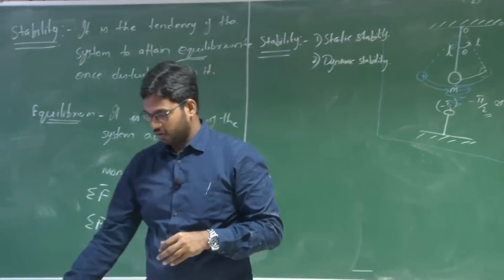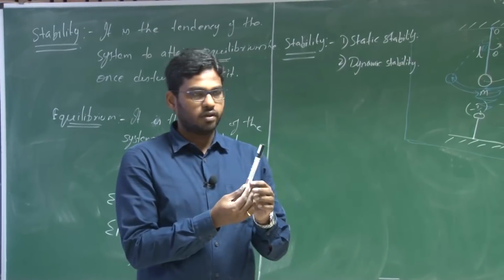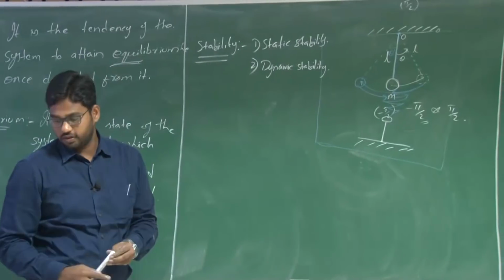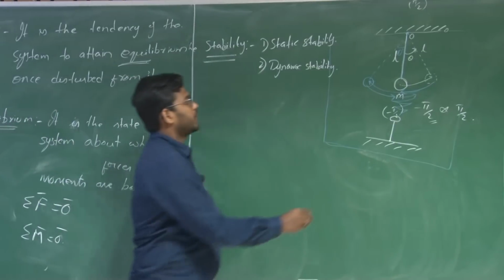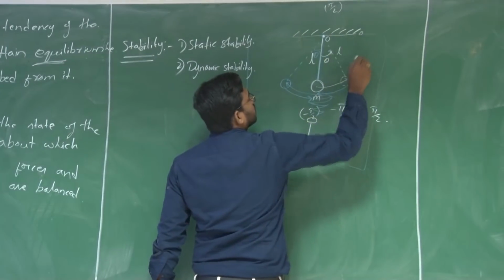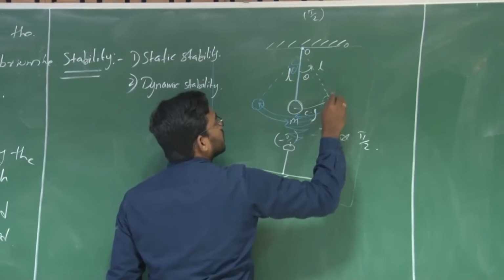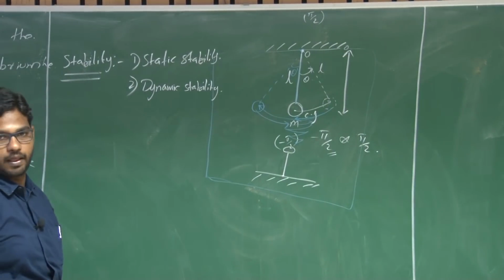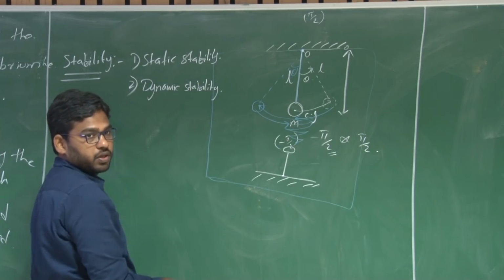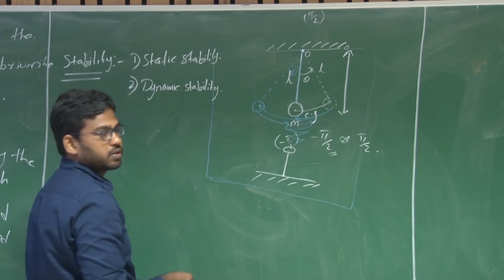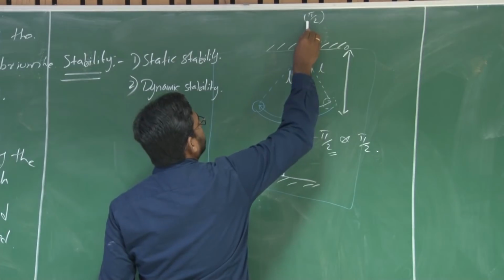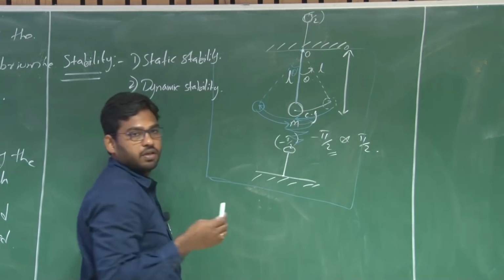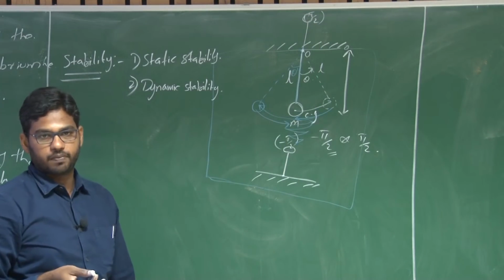In the case of a pendulum, if the CG is beneath the hinge point, it is a stable equilibrium. The equilibrium in which CG is above the hinge point is an unstable equilibrium.